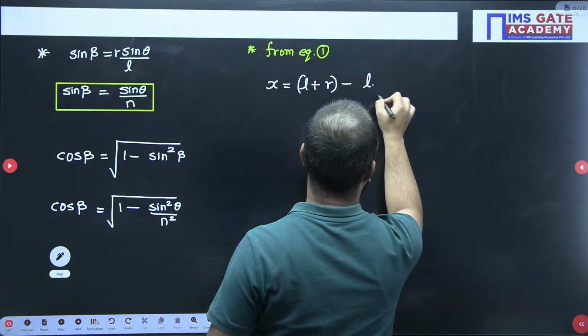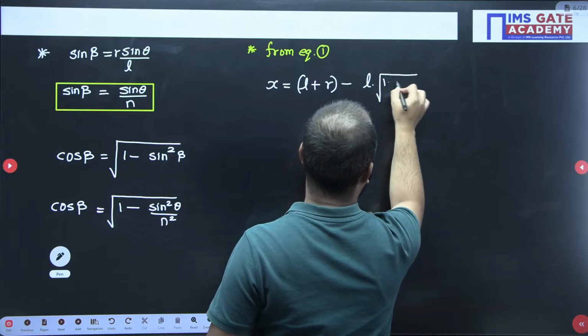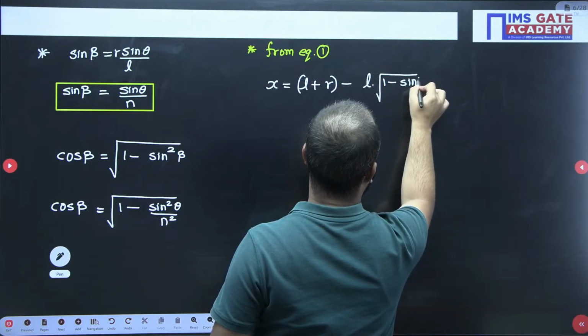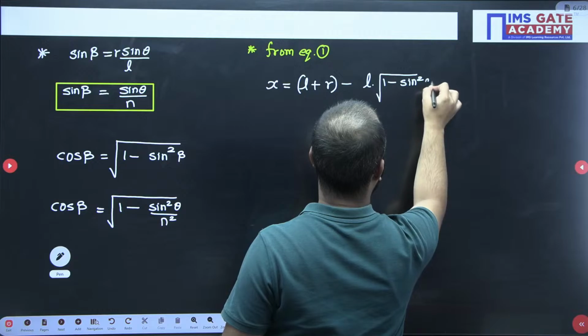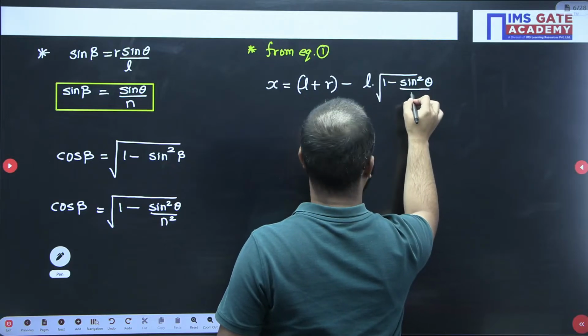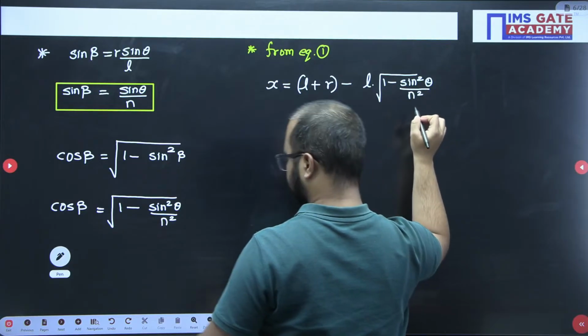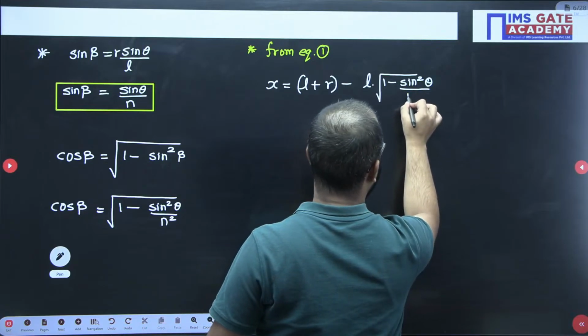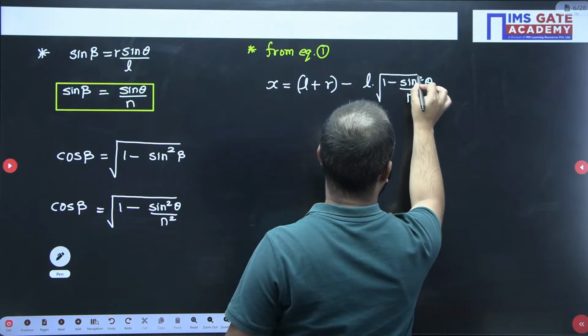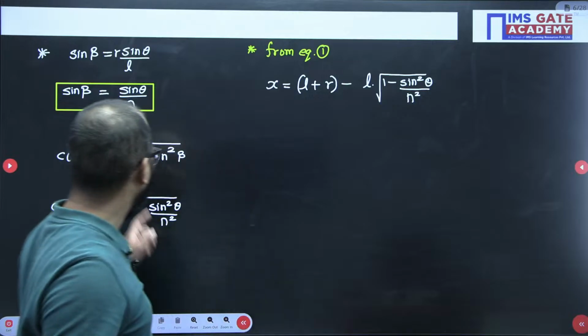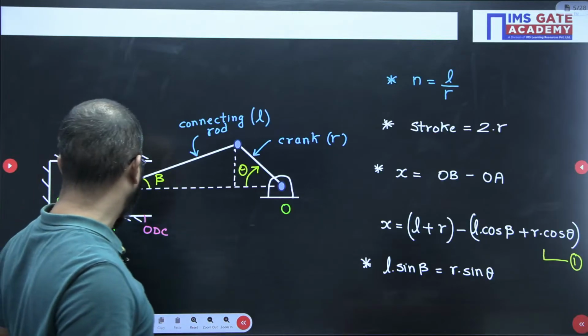Cos beta value is this one: under root 1 minus sine square theta by n square. And the remaining part is what? R cos theta, plus R cos theta.